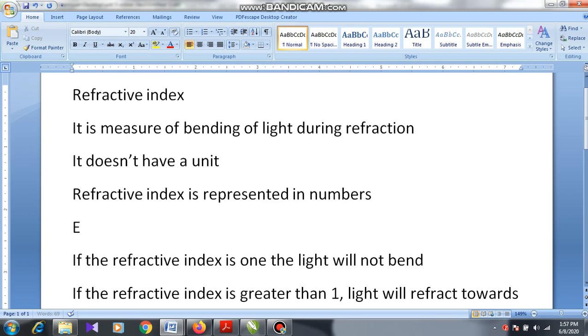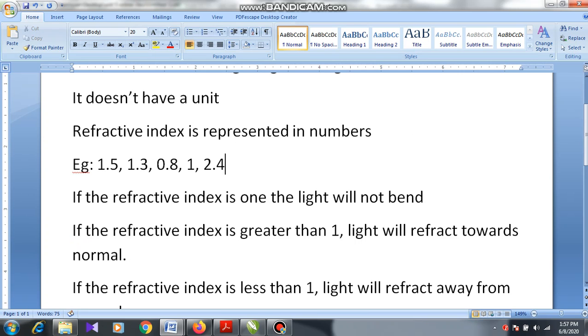For example 1.5, 1.3, 0.8, 1, 2.4, like this. Refractive index is represented in numbers.